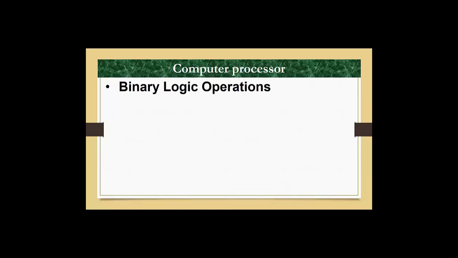These three binary functions are part of Boolean algebra, which is used to test two values to produce a third. Okay, students, let's discuss the AND operation.